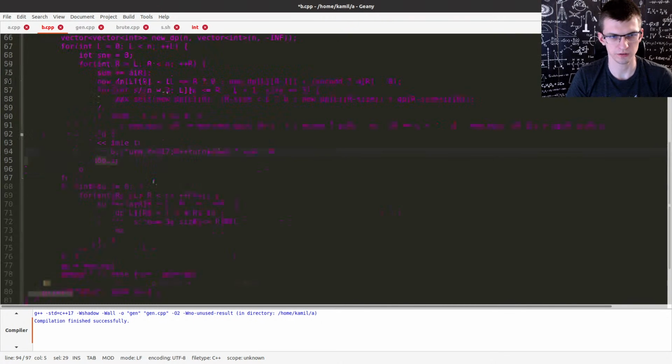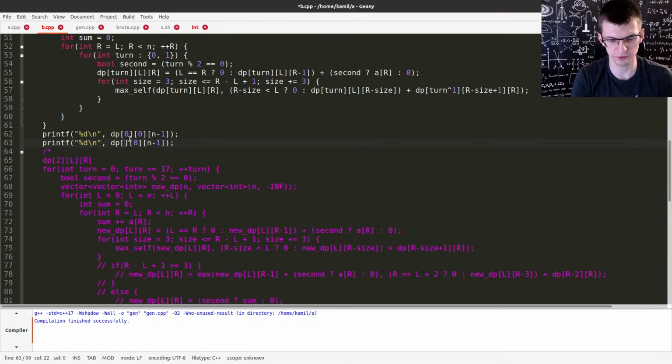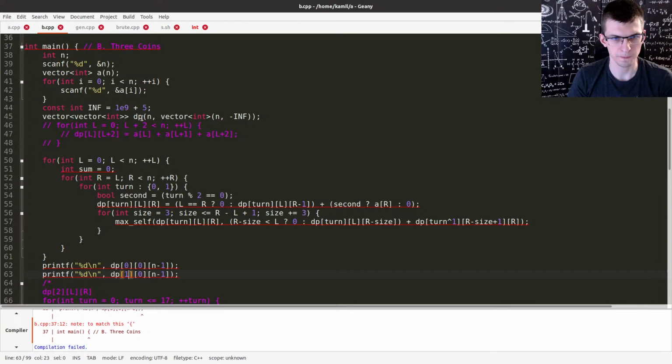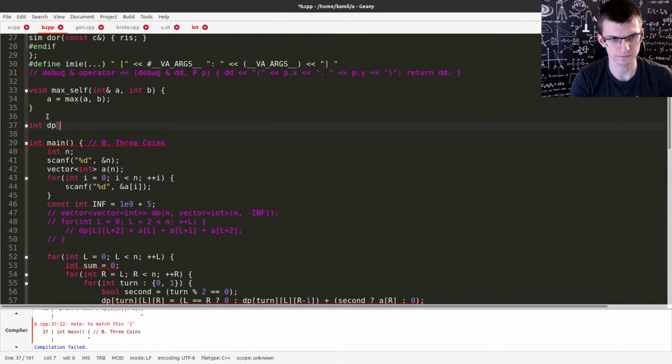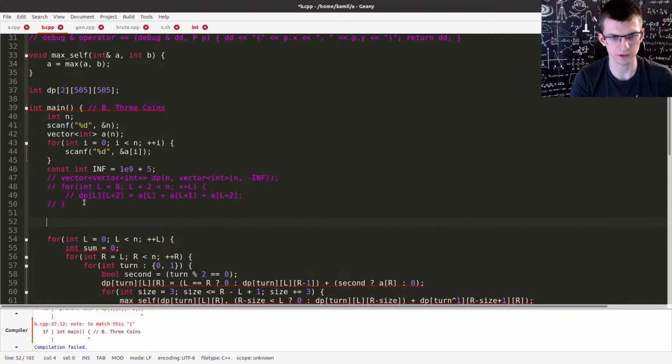What do we print? I'm not sure. And when I'm not sure, I can either think or I can print both and see which one is correct. And this is now, oh, 500 by 500. I need to fill that with minus infinities.